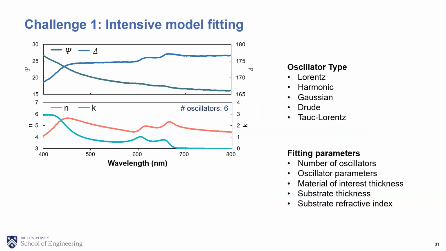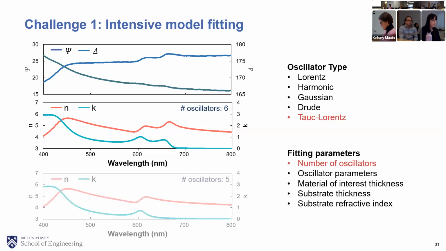In addition, there are lots of fitting parameters to choose, and here I just list a few. A small change of a fitting parameter could lead to a big difference in the fitting result. For example, here is the psi and delta for MoS2. If you use six Tauc-Lorentz oscillators, you can get N and K like this.